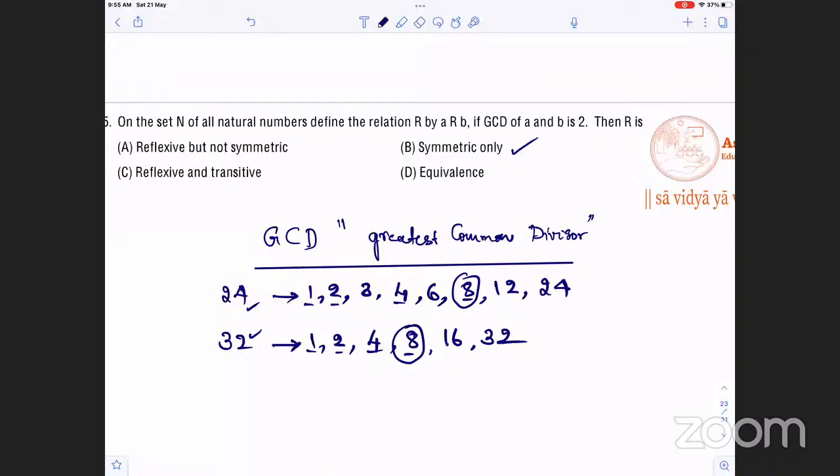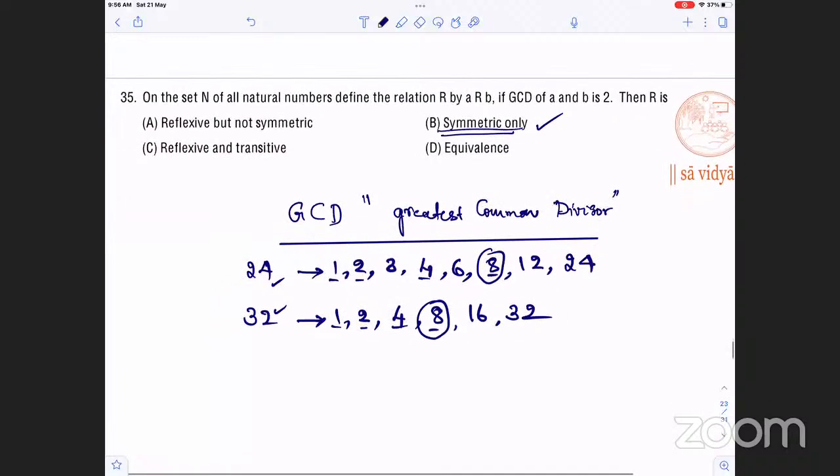It can't be transitive also. So only symmetric is correct. The GCD of a and b will be the same as the GCD of b and a. Any other question, please?